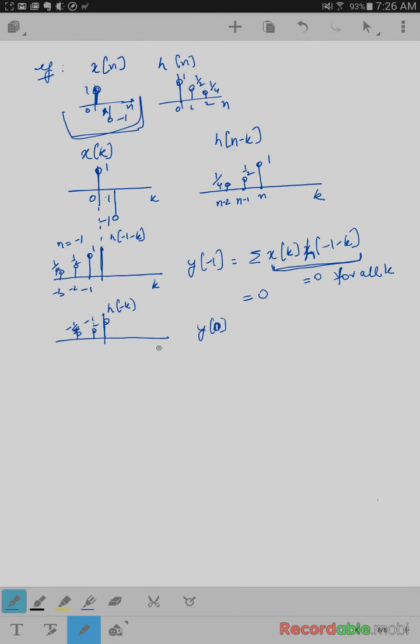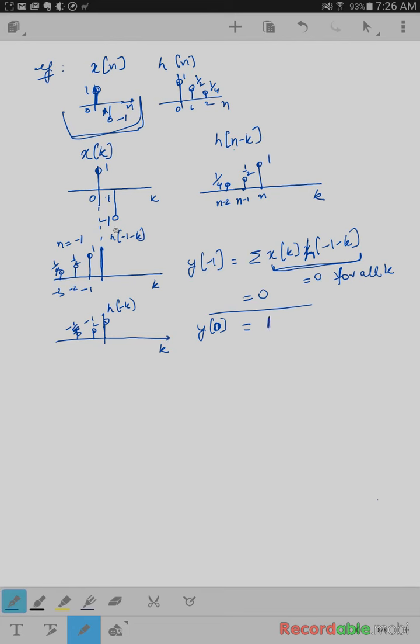And again this is versus k. If you compute y of 0, you take a product of h of minus k and x of k. When you take a product, you get a 1 at 0, but at no other value of k will you get a non-zero value. So y of 0 is just 1.